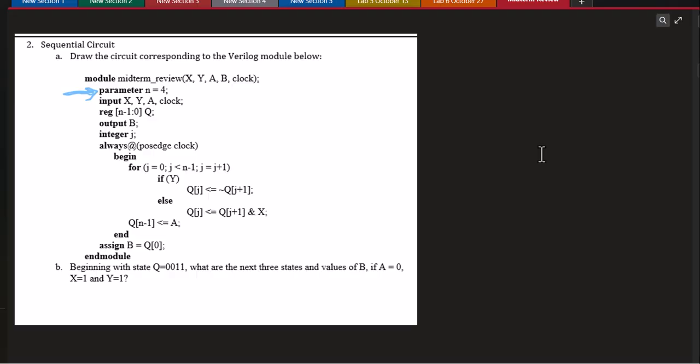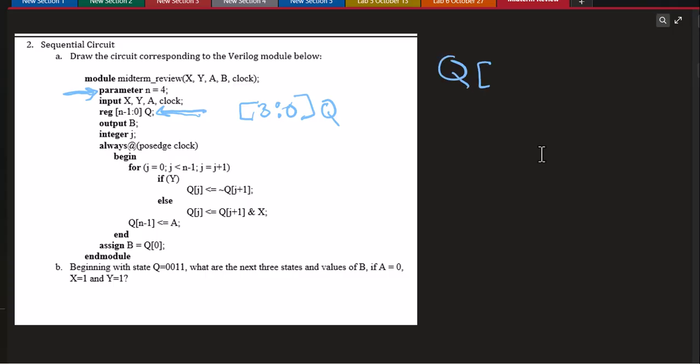So we're probably going to have 4 flip-flops. And then we get more of a hint on that when I see this. It says reg n-1 to 0 q. So n is 4. So that's saying 3 to 0 q. That's a vectored signal.